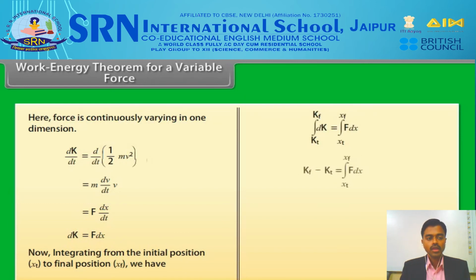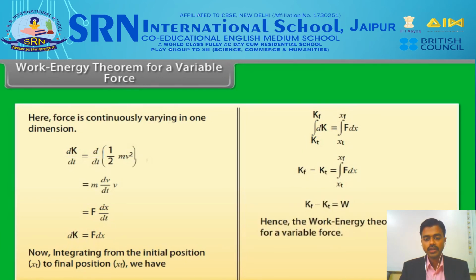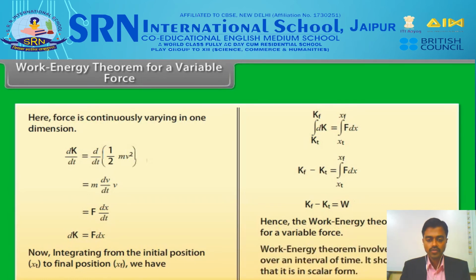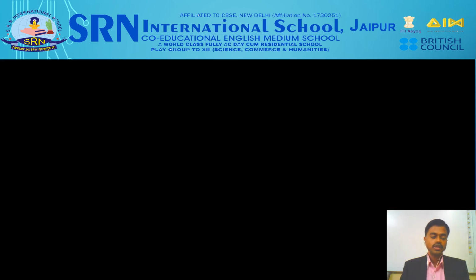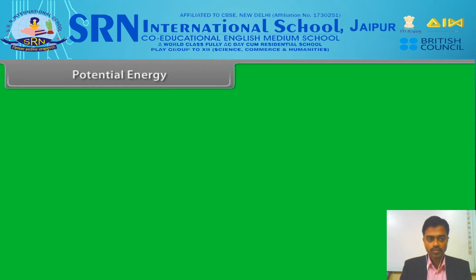Now we will integrate both sides to get the relation. Integration of dK from initial kinetic energy to final kinetic energy, and F dx from initial displacement to final displacement, will give you the same result: final kinetic energy minus initial kinetic energy is equal to work done. That is the same result we obtain for variable force also.